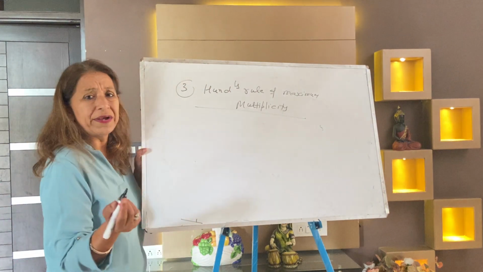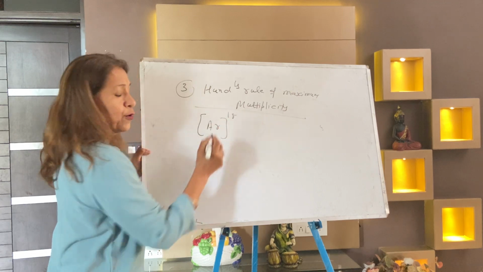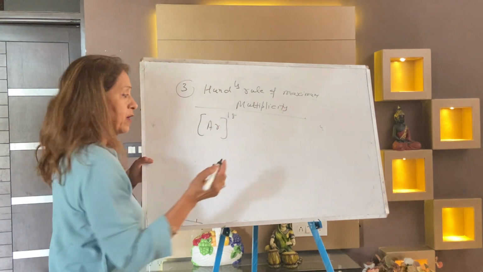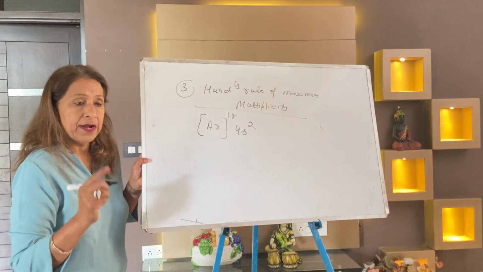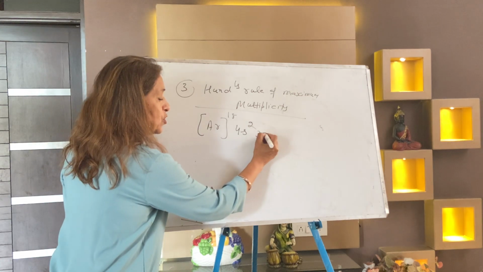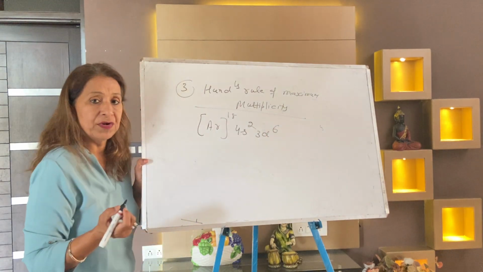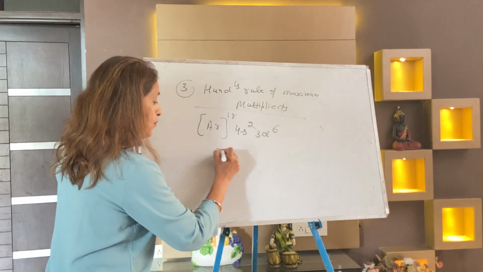Now 26 is quite a large number, right? Argon 18 is the inner core, so just show the outer ones. After argon is 4s2, and after 4s there is 3d6. 18 plus 2 is 20, 20 plus 6 is 26. Let us make the diagram of the outer ones only.